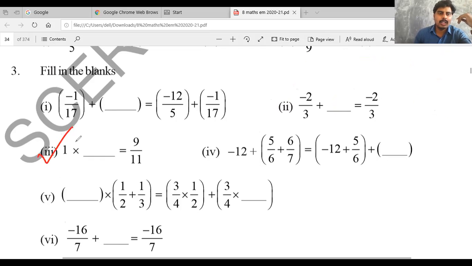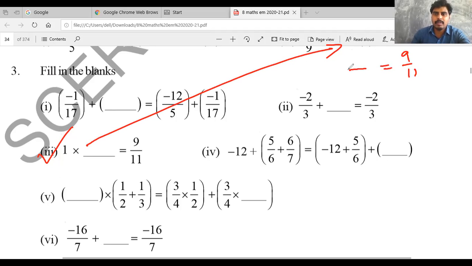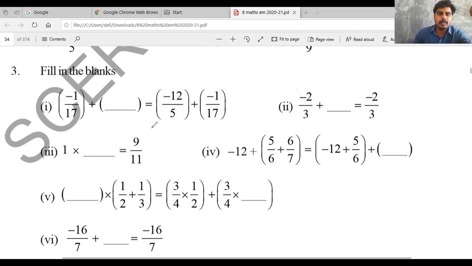Yeah, good. Number 3: 1 into dash is equals to 9 by 11. Which property, Nana? See, if you need to get 9 by 11, you are multiplying with some amount. Then what is that actual amount? If you multiply with 1, we'll definitely get the same number again. Then what is the number here?